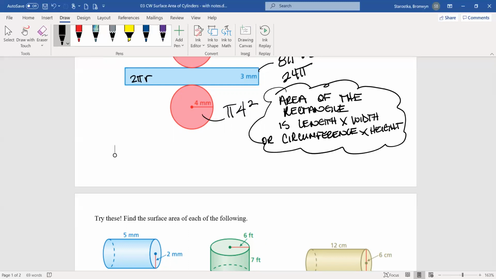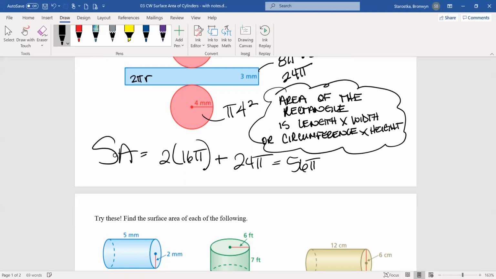So our total surface area, 2 times 16 pi plus 24 pi, and it's going to equal 56 pi, or approximately 175.93 millimeters squared.